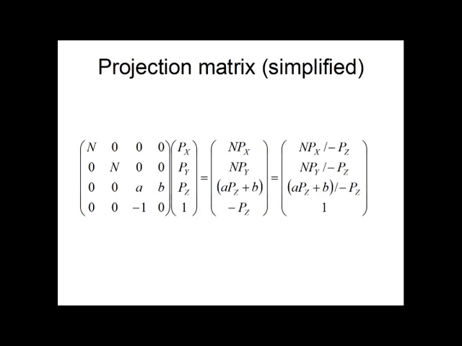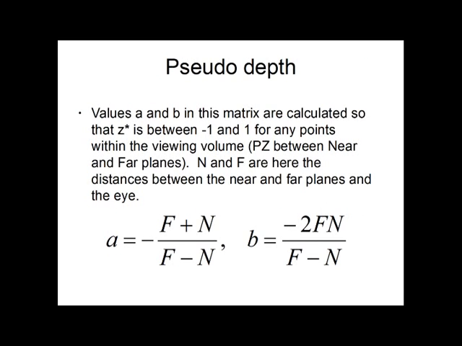So here we have a simplified version of the projection matrix, because we're going to look at a few more things that we're going to do. So the pseudo depth is set up in a way that the a and b factors are set up in a way that we end up with coordinates from minus 1 to 1, or pseudo depth values from minus 1 to 1 for everything that's relevant.